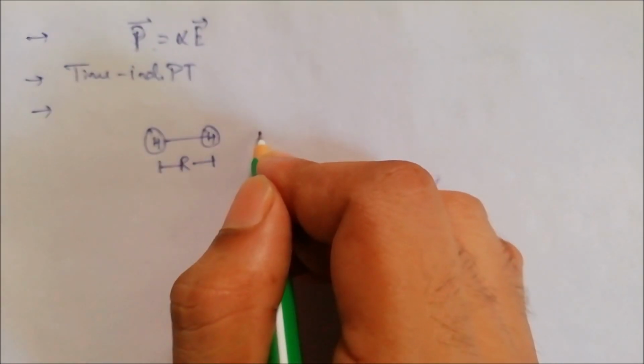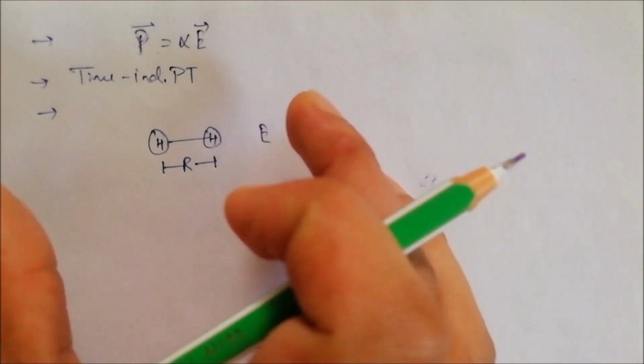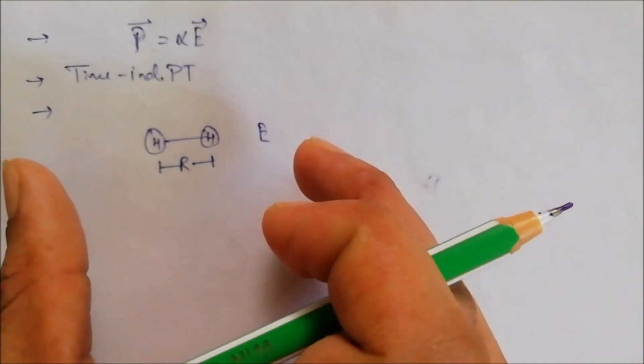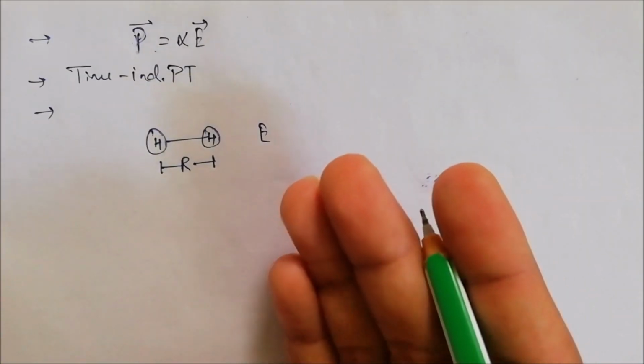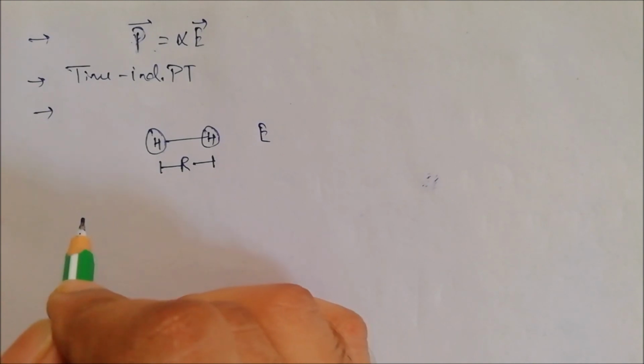Let the energy of this hydrogen molecule be E. Now you want to answer one question: how will the energy change if I compress or expand it, changing the distance between these two atoms? To answer questions like this, we are going to study today the Hellmann-Feynman theorem, which provides a very nice and simple answer.